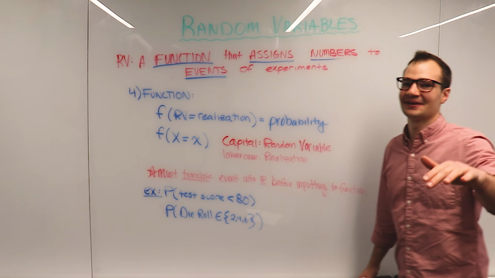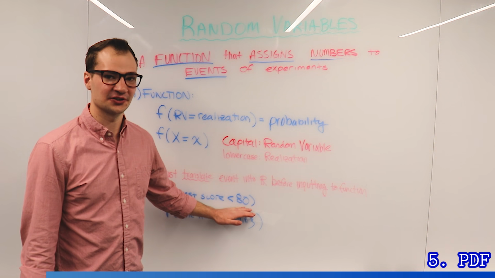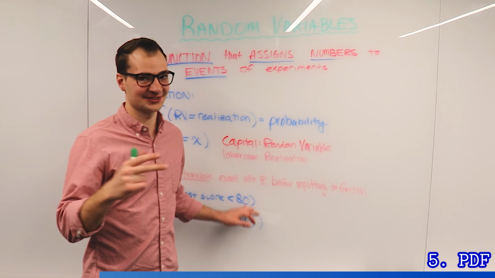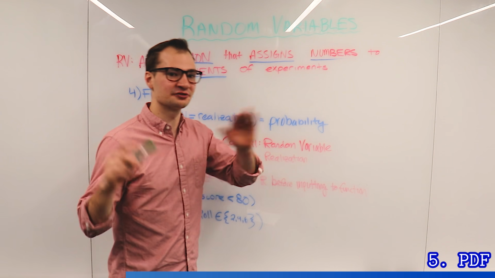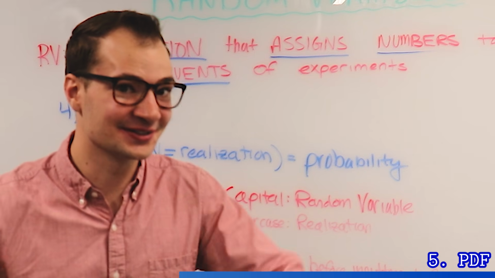Now here's the best part. If we take the probabilities of each event occurring, so the probability of getting 79 and 78 and 76, etc., all those realizations, if we plot those, that's the probability density function. That's a PDF.